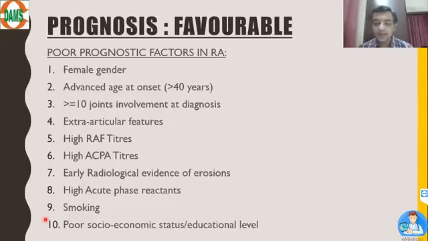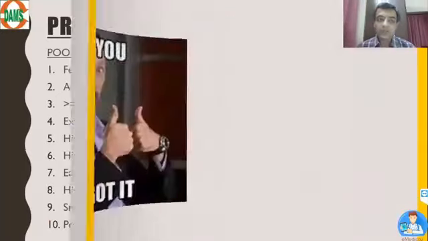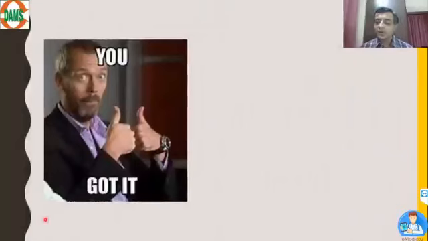And very correct that the problem is delay in the DMARD, delay in the treatment with DMARD by more than 3 months is a poor prognostic factor. So delay in the treatment is the poor prognostic factor. That's the problem here, right? So these are poor prognostic features, right?